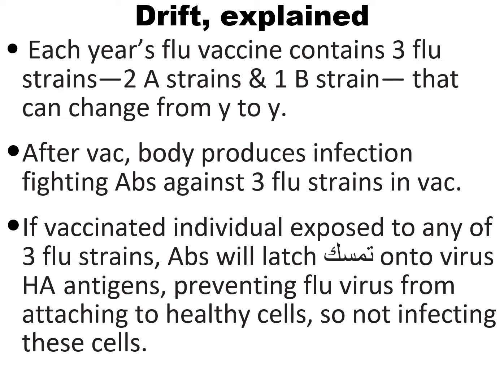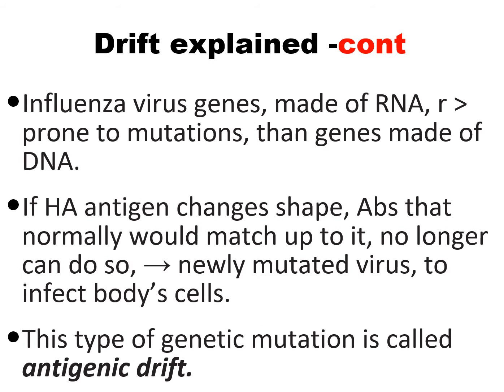If a vaccinated individual is exposed to any of the 3 flu strains, antibodies will latch onto the virus HA antigens, preventing flu virus from attaching to healthy cells, so not infecting these cells. So the vaccine is good.